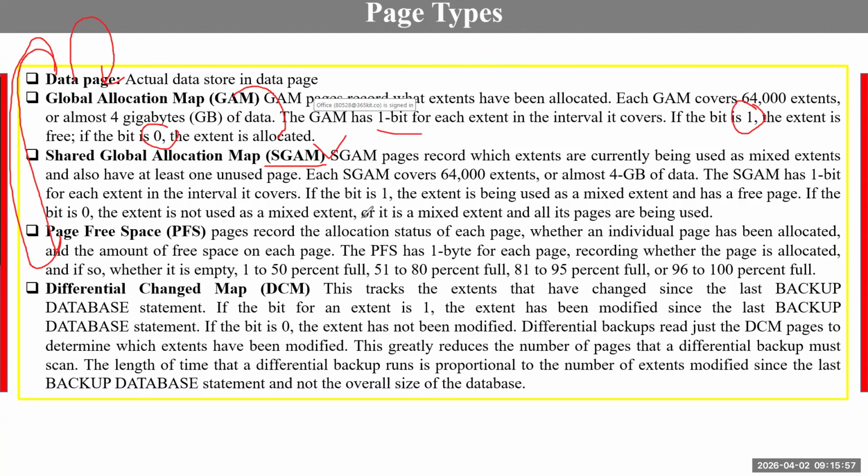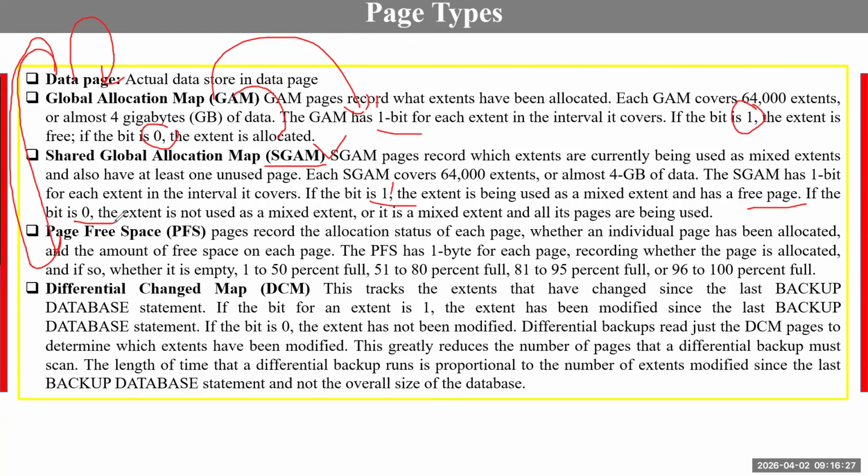If any extent created by the GAM has free space, then the bit is 1: the extent is used as a mixed extent or has free space. Whenever SGAM sets a bit to 1, SGAM considers that the extent has been consumed but still has some free space.